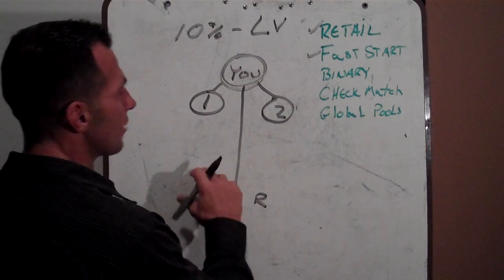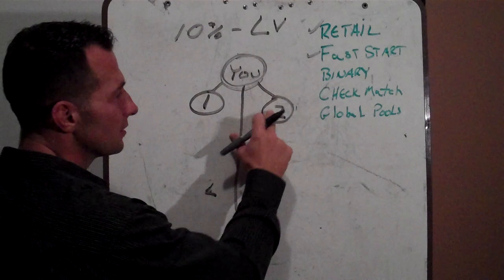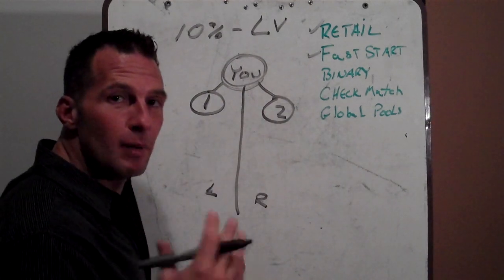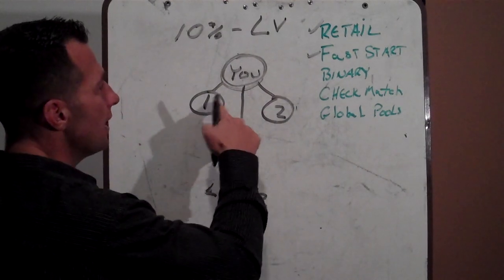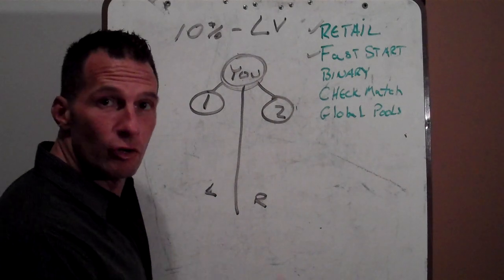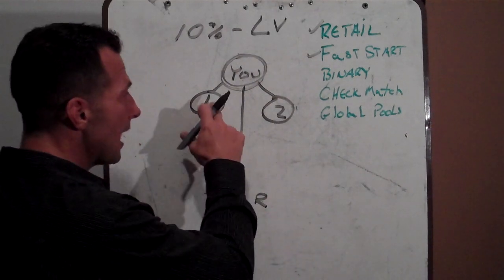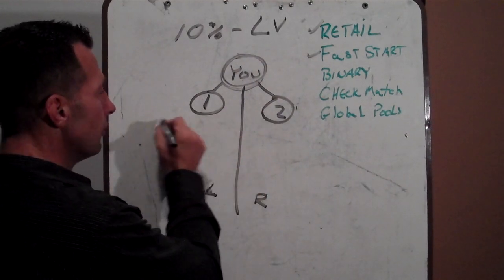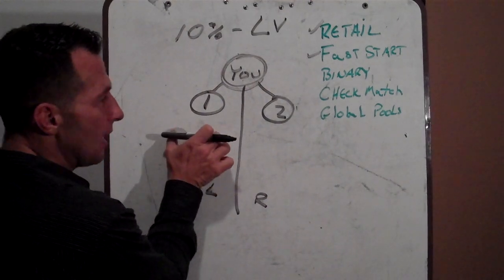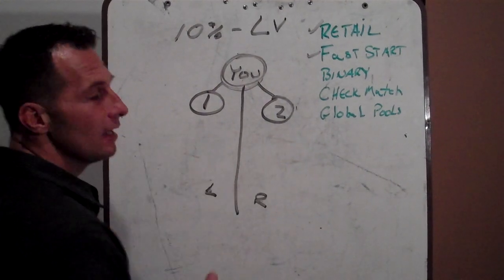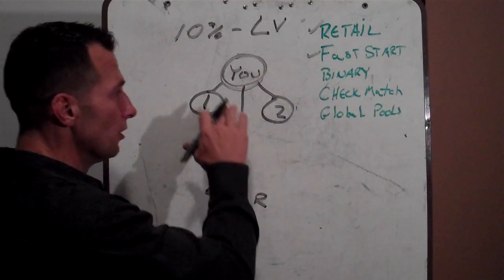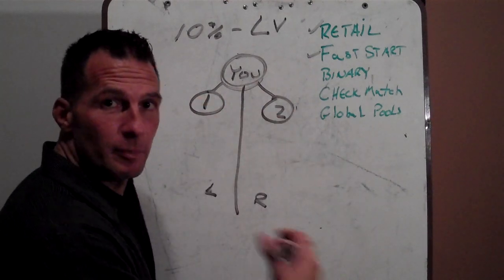So let me stay on track here. If you have somebody on your left and somebody on your right, what's really unique about a binary is, if you sponsored, let's say, a third person, since you already have one here and one here, you'll notice in your back office you'll see empty spots under both sides. I always would recommend that you build to the far left or the far right, depending on where you need them.